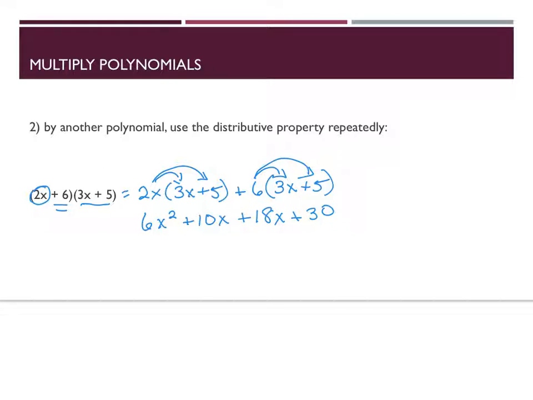Now I go looking for like terms, and this time I actually do have some. 6x squared is not a like term for anyone, but I do have two terms that have an x. 10x and 18x make a total of 28x, plus 30. And that's my final answer.